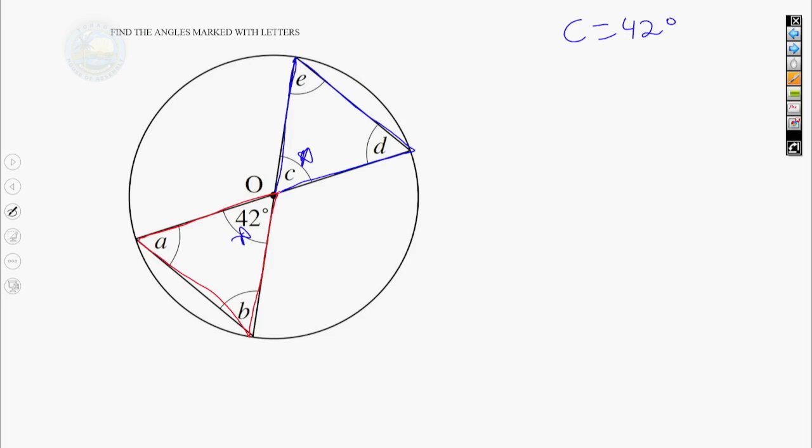Well, from here to here, that's a radius. From here to here, that's a radius. So this type of triangle is an isosceles triangle. And what about the blue one? From the center to the edge is a radius. From the center to the edge is a radius. So here we have another isosceles triangle.